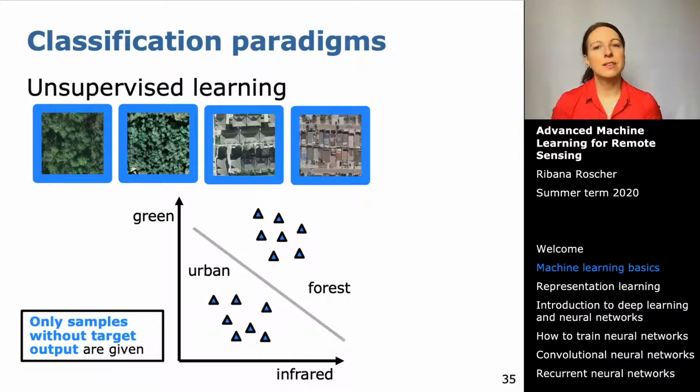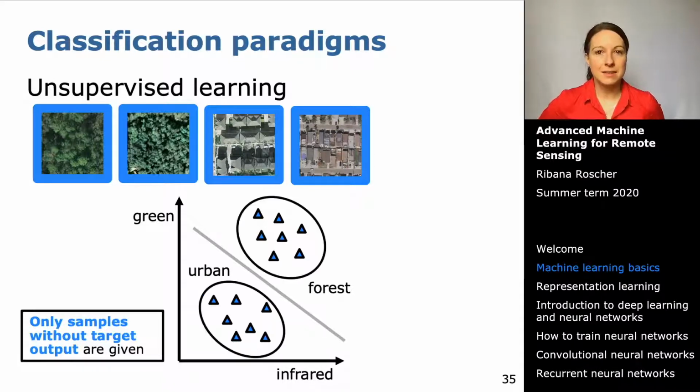For unsupervised learning, only unlabeled data is given. You have no idea to which class these unlabeled data samples belong, but what you normally do is search for groups. Generally, you also need to tell how many groups you want to find. These groups are so-called clusters, and all samples in one cluster are very similar to each other.